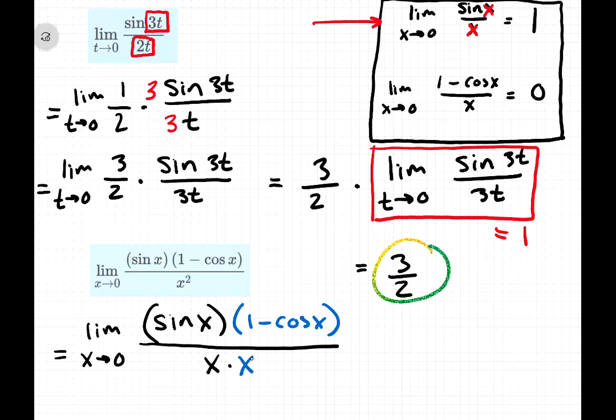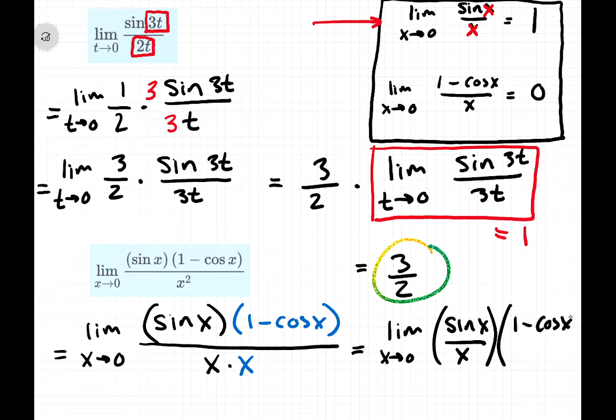So we can take one of these x's and put it with the sine function, and one of these x's and put it with the 1 minus cosine. Okay, so we have the limit as x approaches 0. Now we have sine x over x, and we have a 1 minus cosine x over x.